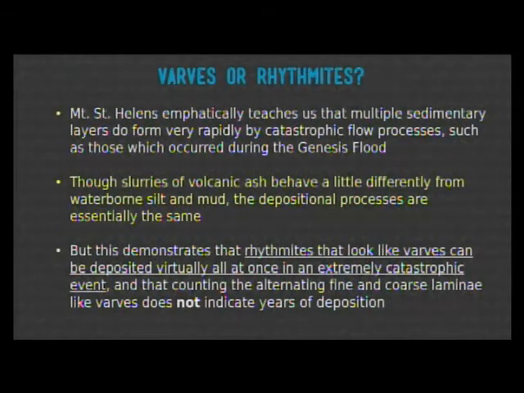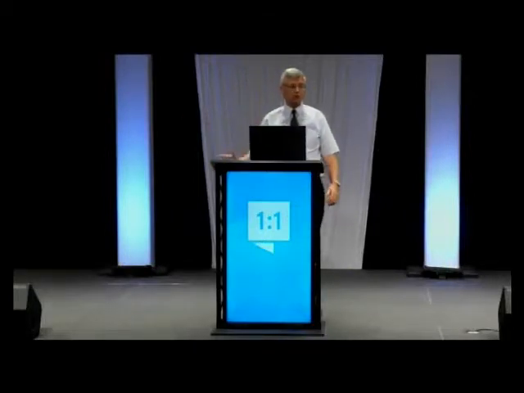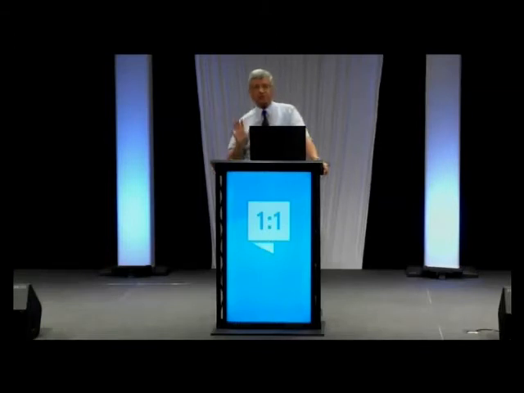Mount St Helens emphatically teaches us that multiple sedimentary layers do form very rapidly by catastrophic flow processes similar to those which would have occurred during the Genesis flood. Now, of course, volcanic ash behaves differently from waterborne silt and mud, but the depositional processes are essentially the same.